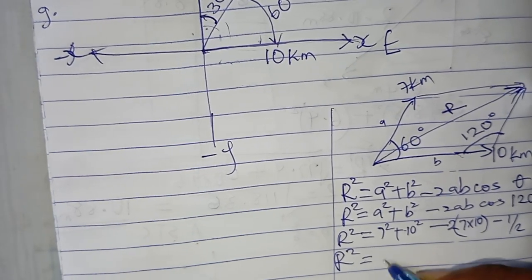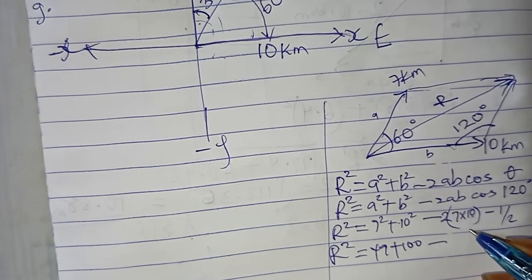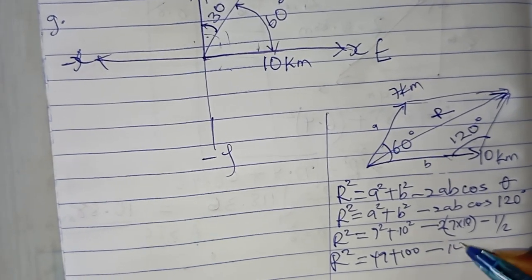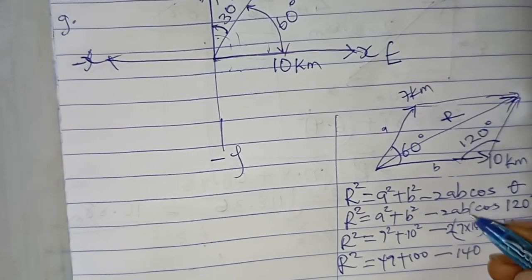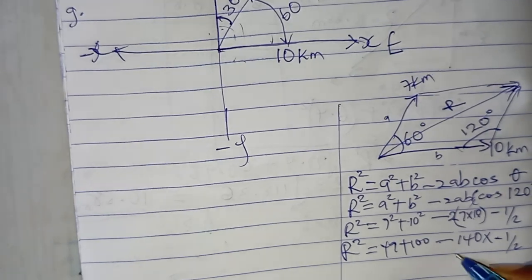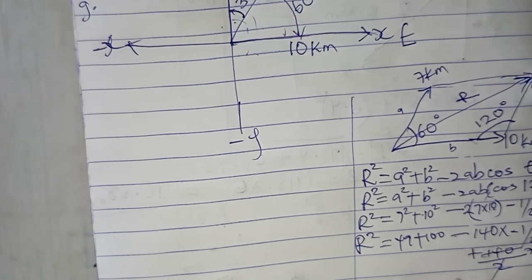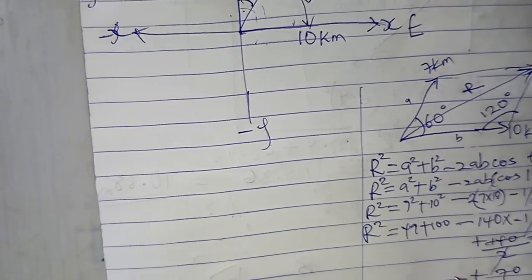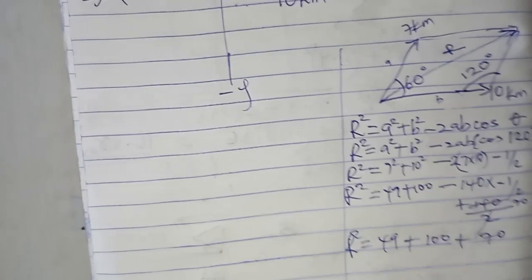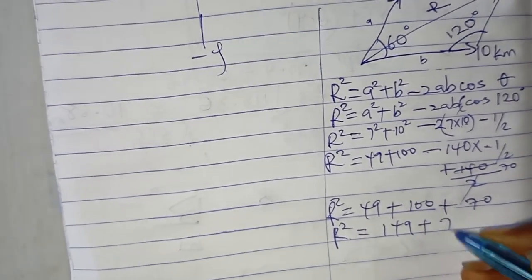So R squared is going to give me 49 plus 100 minus 7 times 10, which is 70, times 2 is 140. And this 140, notice that what is separating this is multiplication, times minus half. This will become minus times minus, plus 140 over 2, which gives me 70 back. So I have plus 70, 100 plus 49. R squared is equal to 149 plus 70, which is 219.